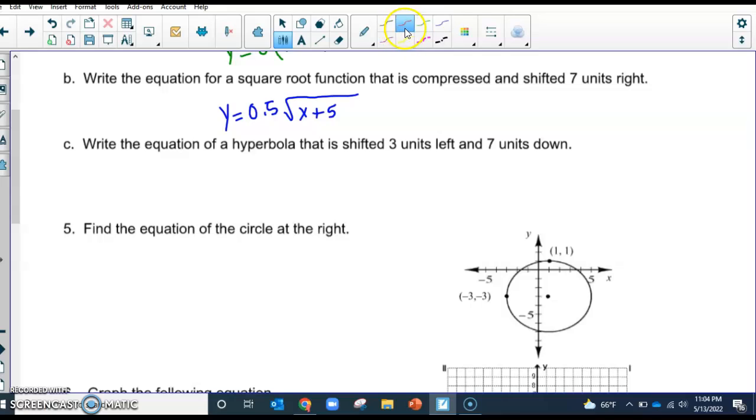For c, I've got a hyperbola, so that is our y equals 1 over x. Shifted 3 units to the left, and then down 7. So I've got 3 units to the left, so that's going to be x plus 3, and then minus 7 for my units down.